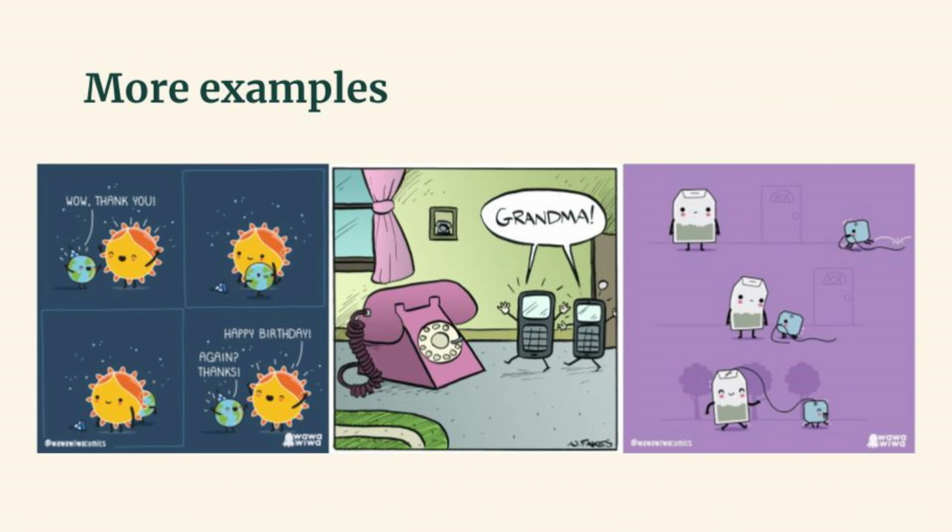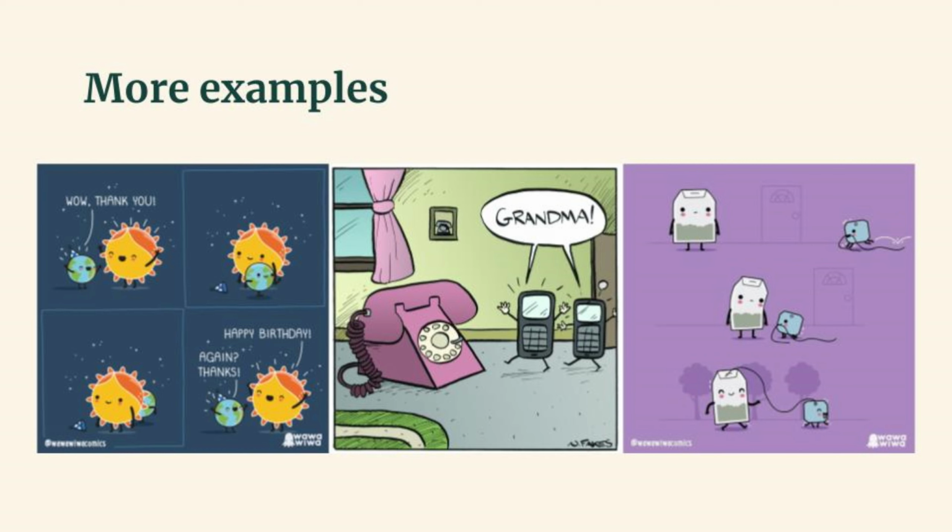Here are more examples. So the first one is about Earth and the sun, and the Earth spinning around the sun, and each time it spins, the sun says happy birthday. So that would be from the planet's perspective. And then this one, we have a one panel simple comic, but it's still very funny. So this old telephone is in this house, and then this smaller smartphone says grandma.